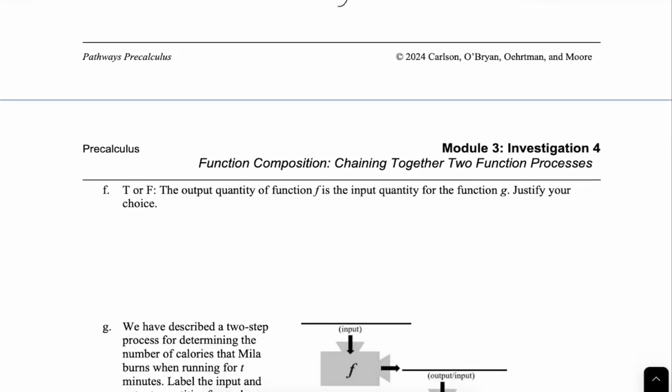So true or false, the output quantity of function f is the input quantity for function g. So let's think about it. The input for f is time, and it gives us miles. We put that into function g, and that gives us calories. So let's make a little chart to tell us what's what.